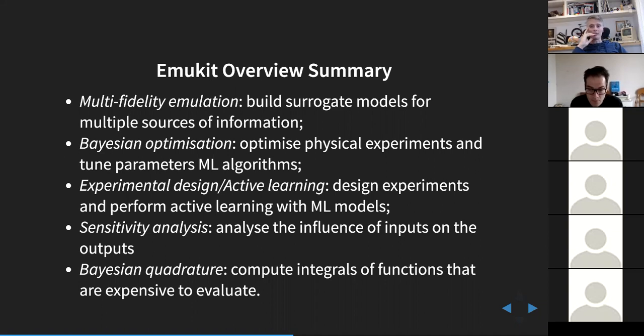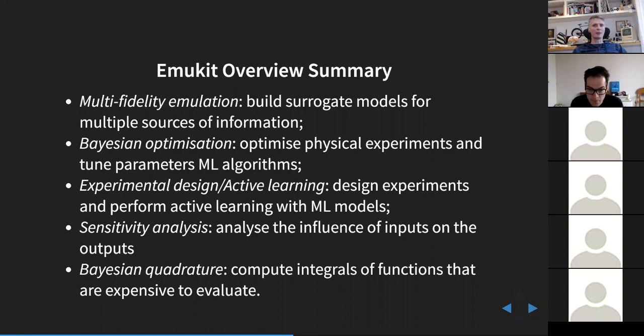We're going to talk about sensitivity analysis next week. You've heard a little bit about Bayesian optimization already, so we've covered that. And next week, for the second lecture, I'm going to plan to get on to multi-fidelity emulation. Perhaps not the most complex forms of multi-fidelity emulation, but I think that's also where things start getting interesting.